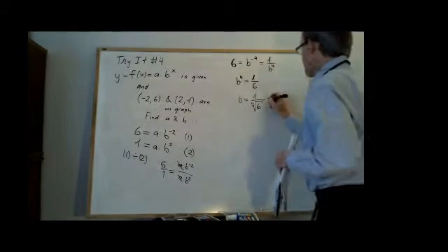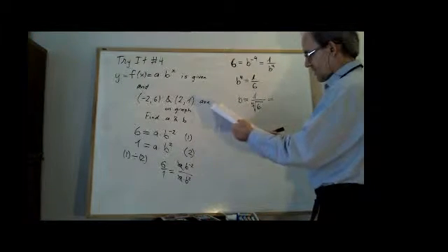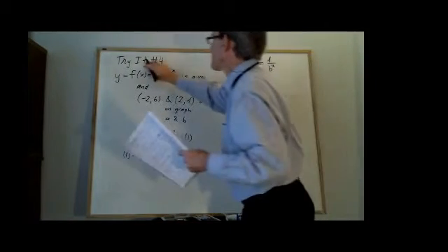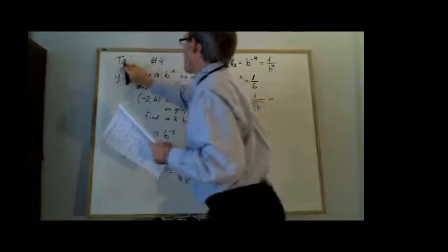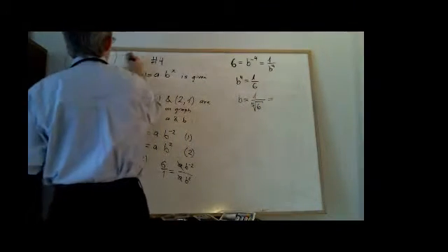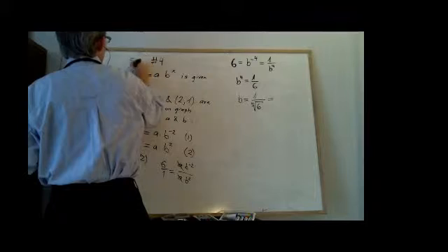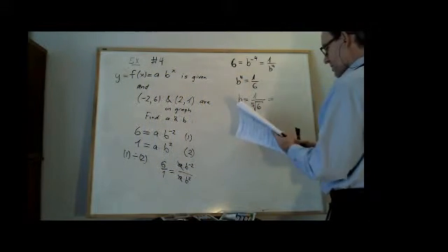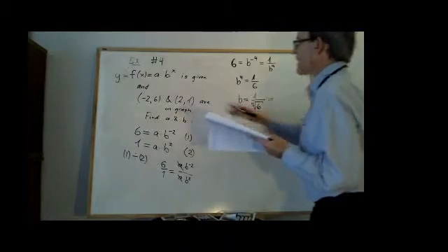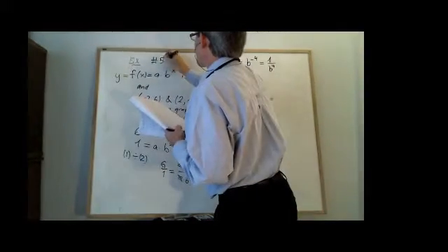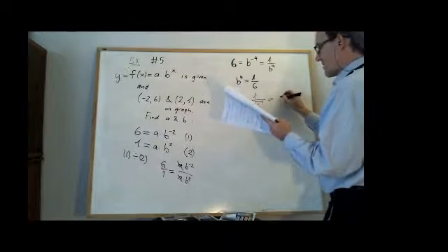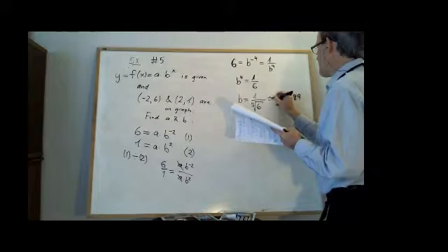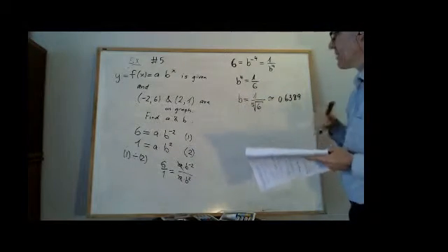This is an actual example in the book, not a try it. The book gives 0.6389 when you evaluate it. So that's the value of b.